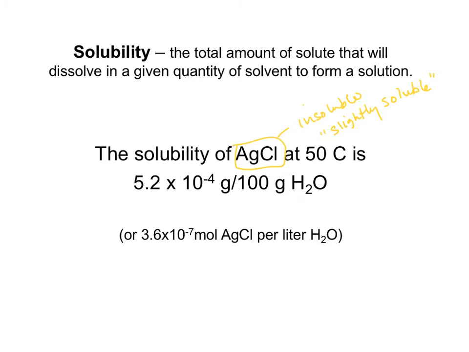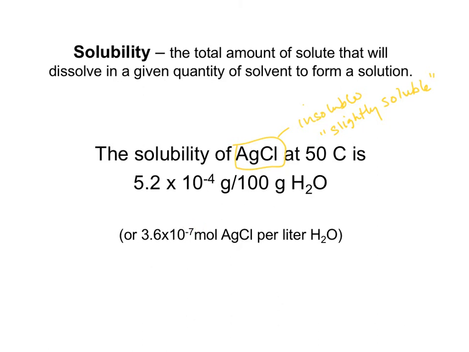Now, most of us think about molarity, or moles of silver chloride per liter. If you do a conversion, you're going to get 3.6 times 10 to the minus 7 moles. In other words, you go from grams to moles here, and 100 grams to a liter. So this is not very much right here, 10 to the minus 7.